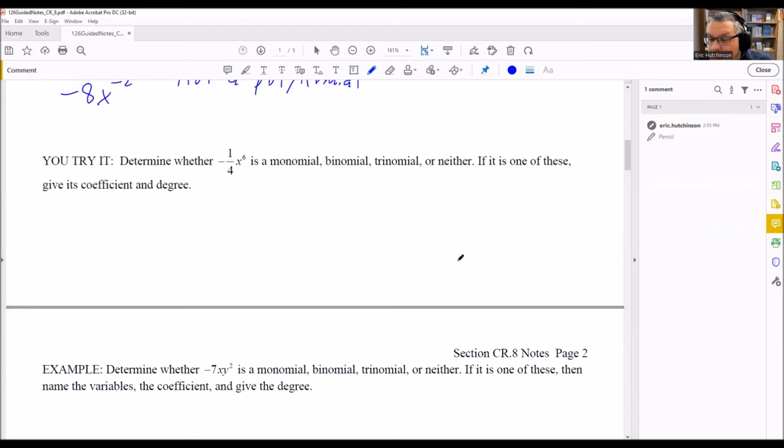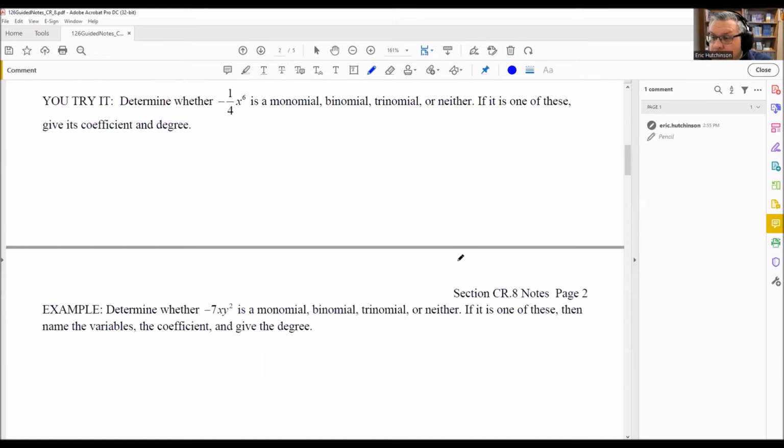Let's do another one here. This one has a 6 as the power. Now there is a fraction, but the fraction is not part of the exponent. And so that's okay. So in this case, it's a monomial again, because there's only one term. Again, how you know there's one term? There's no plus or minus signs with something else after it. There's only one thing here.